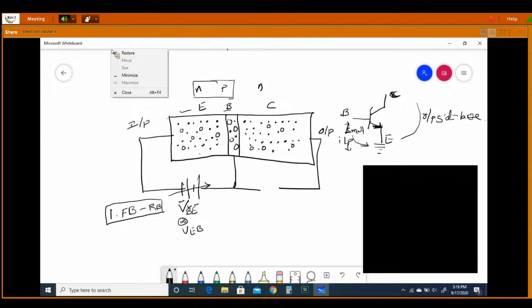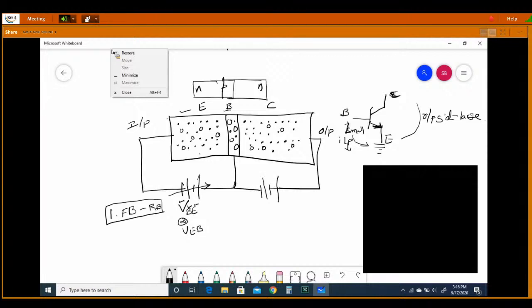Okay, now come to this voltage source. If you want to make this junction be in reverse bias, that means P and N, how to make this PN junction be in reverse bias? N must be connected to your positive terminal and P must be connected to the negative terminal.